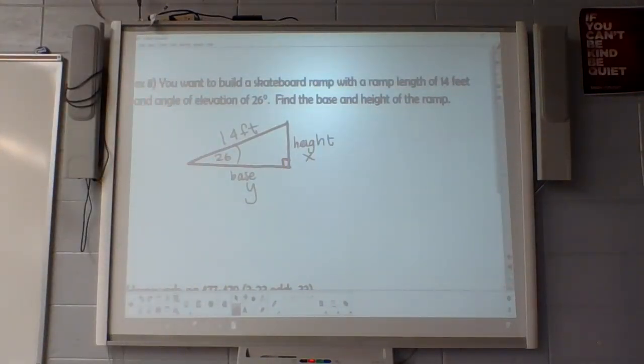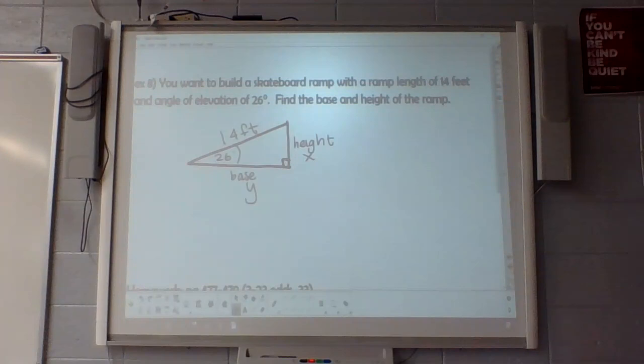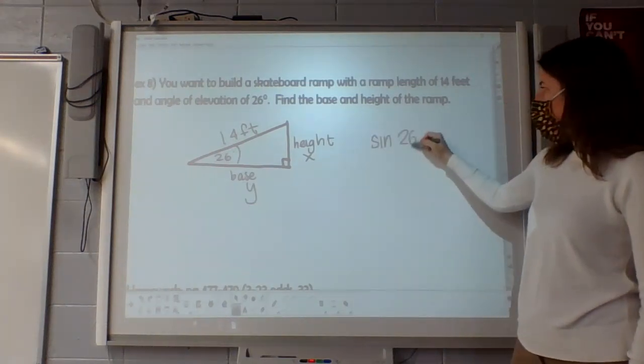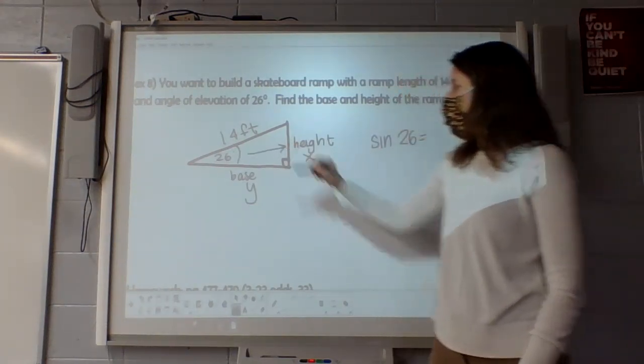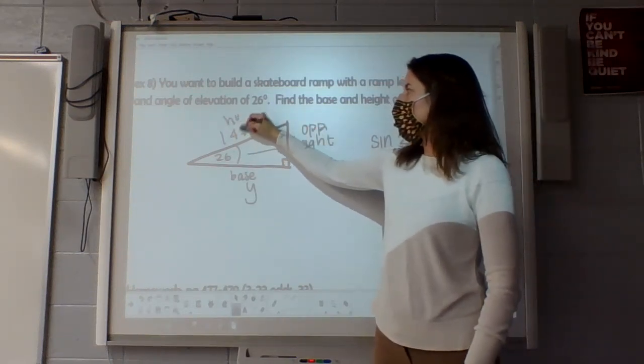What trig ratio do you guys want to use? Again, there's probably just one you don't want to use. Which one do you guys want to use? Sine, sure. So sine of 26 degrees. And this is my opposite. This is my hypotenuse.